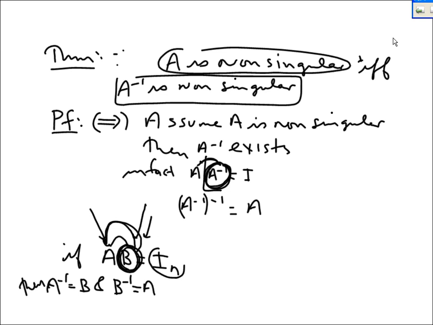The inverse of the right matrix, which is denoted this way, is equal to the left matrix. So the inverse of this matrix, which happens to be called A inverse, exists.